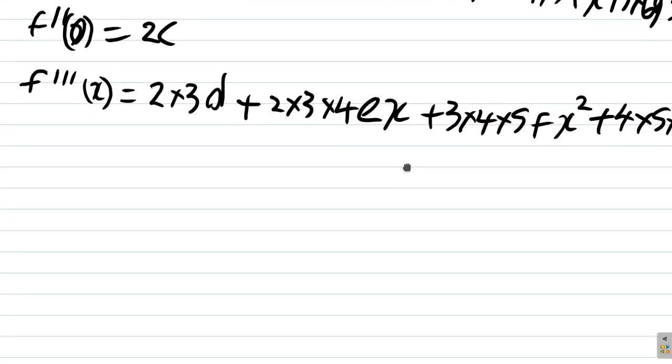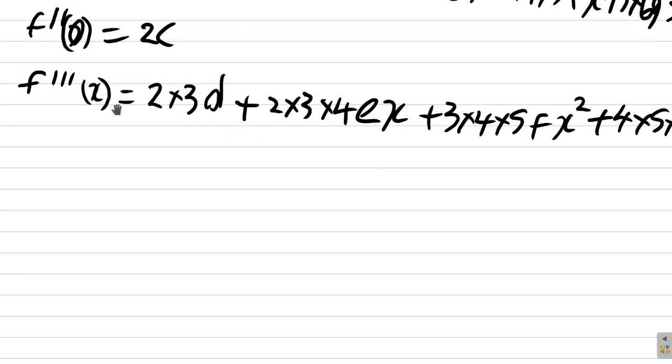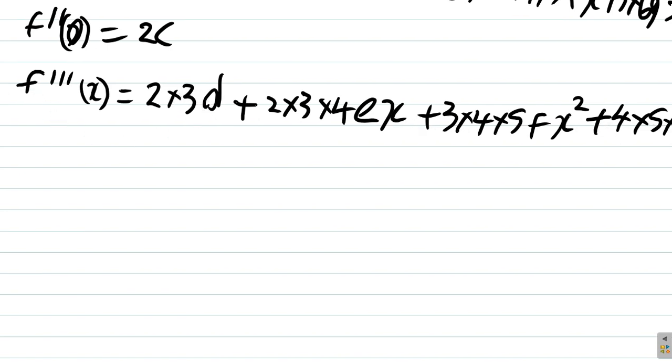Now, if we put 0 for x, this will go to 0, this will go to 0, and so on. This is the only one that will not go to 0. So f triple prime of 0 is, alright, it's 2 times 3d.